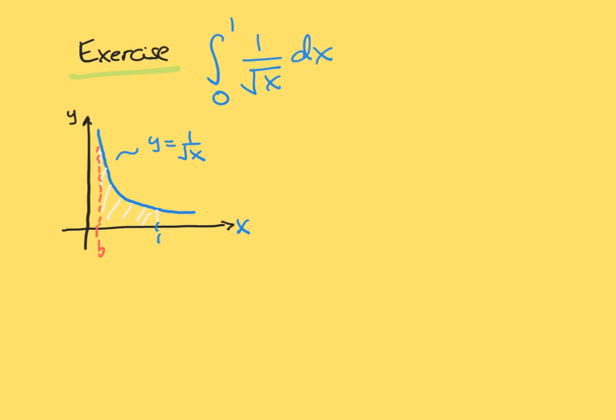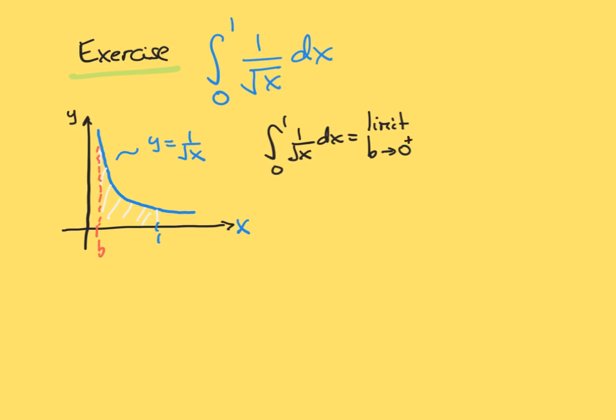So what we say is that our integral is equal to the following. The integral from 0 to 1 of 1 over root x dx is defined as the limit as b approaches 0, so taking our cutoff b and making it smaller and smaller, so taking this dotted red line towards the y-axis, so it's approaching 0 and it is approaching 0 from above.